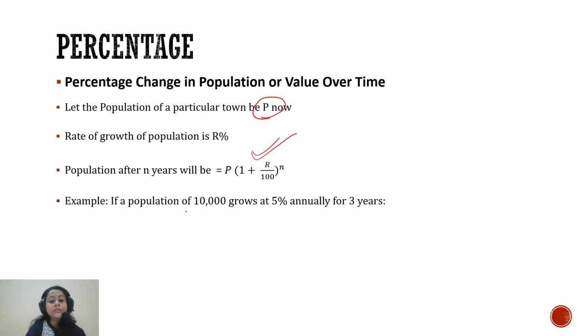So now, for example, now the population is 10,000. It grows annually every year 5%. That is the assumption. So what will be my population after 3 years, right?